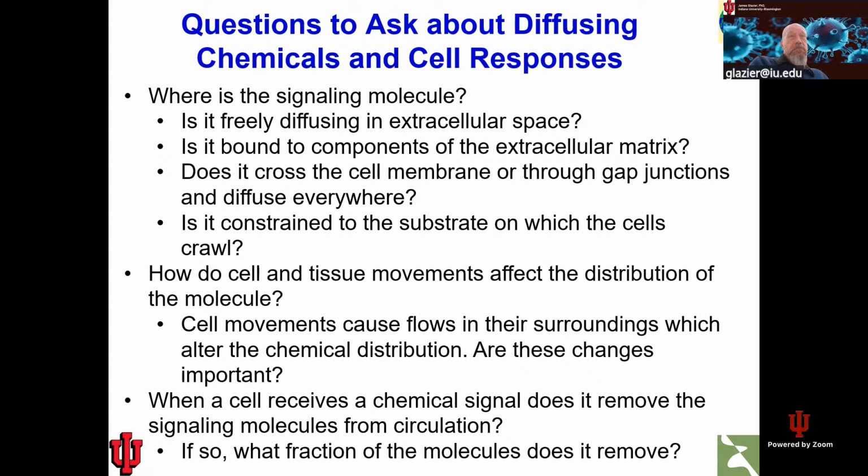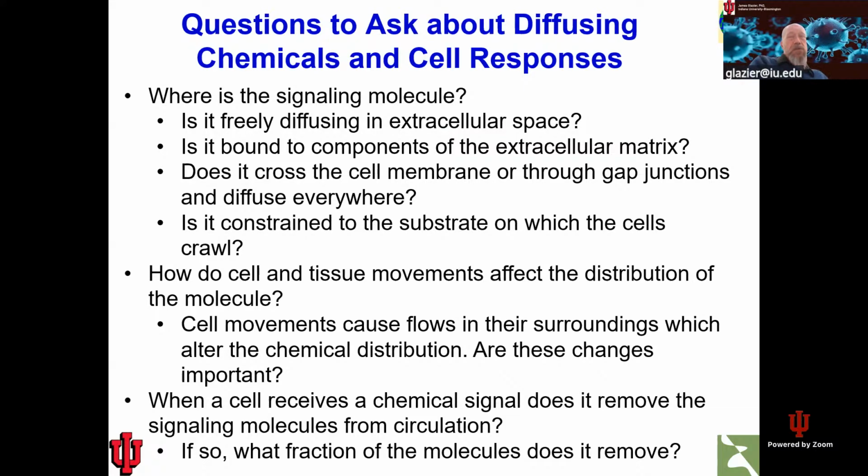And then also, when you receive a signal, typically, if the cell's actually taking up chemical, you're reducing the chemical in the environment by a lot. If the chemical is binding to a membrane receptor, usually you're not using a lot of it, but sometimes the receptor, once it's bound, internalizes and destroys the signal. Sometimes the signal is released.